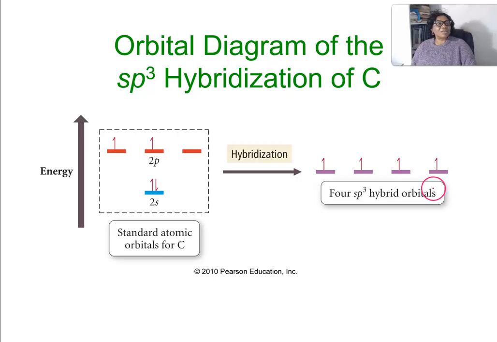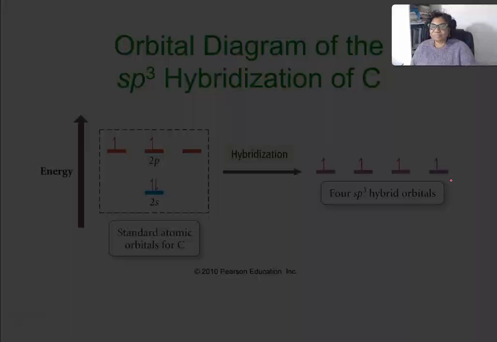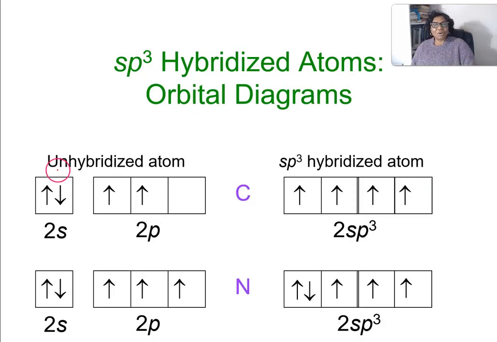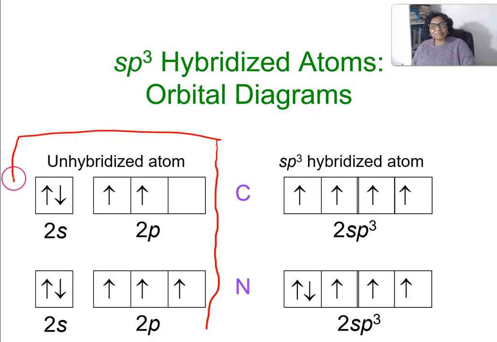So let's see how it uses these hybrid orbitals for bonding. These are unhybridized orbitals for carbon and nitrogen.